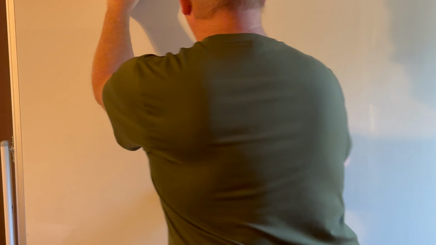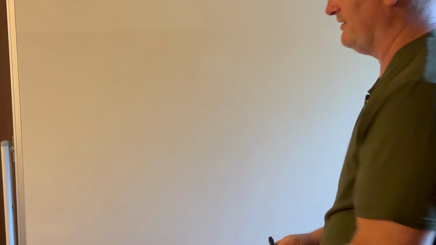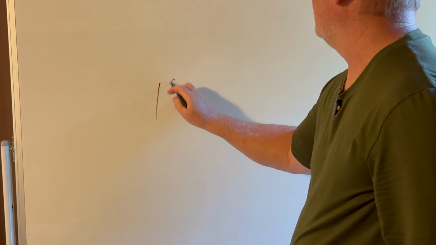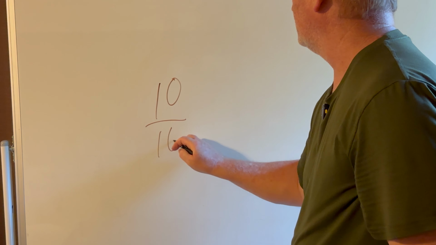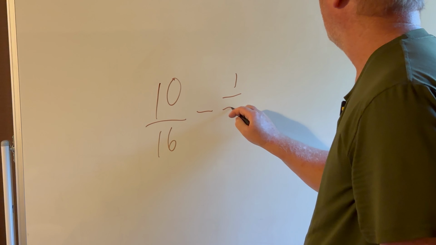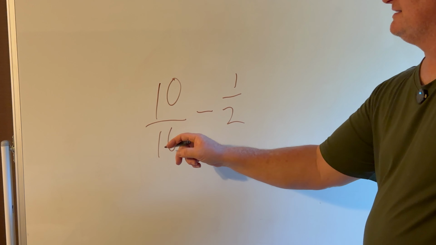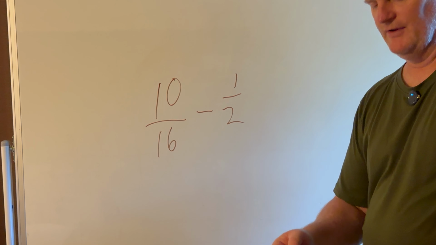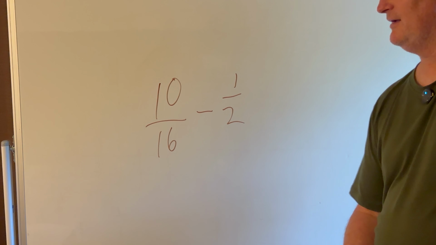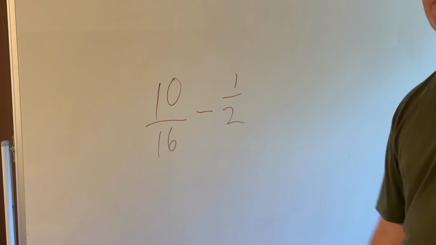We already should have known that we were 2/16, right? Because we just got through saying this was 2/16 more than a half. This is 1/8 more than a half.